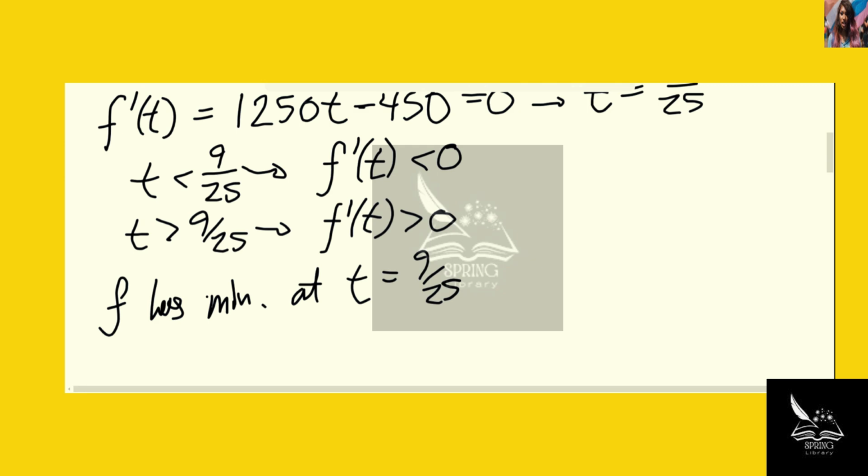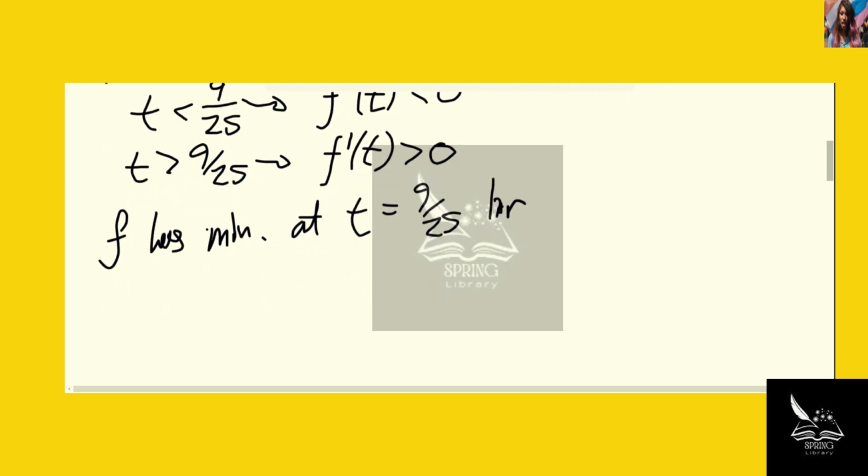Now, what is this in terms of time? Well, this is in hours. We want to write this in clock notation, I guess you'd say, so, as an analog time. Well, 9/25 hours, this is the same as, well, there's 60 minutes in 1 hour.